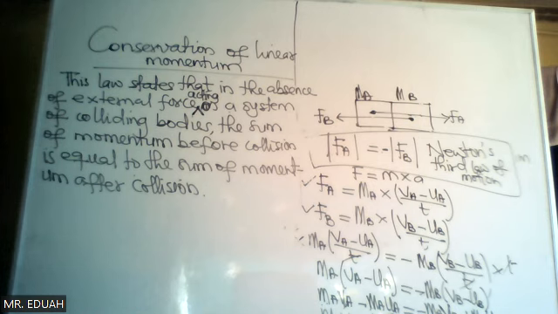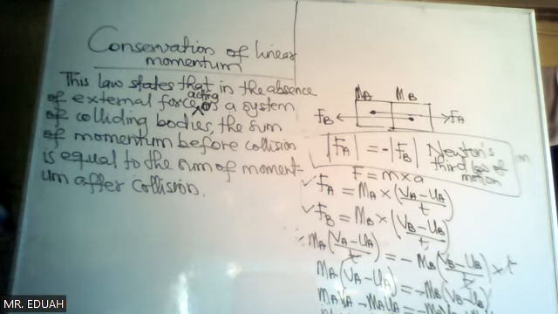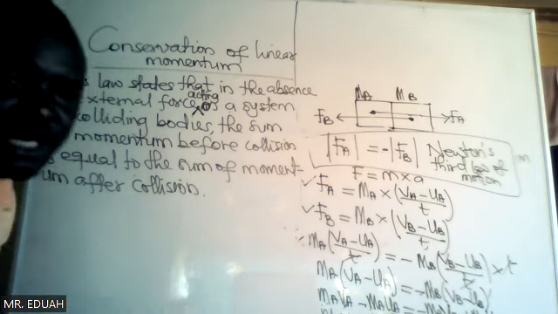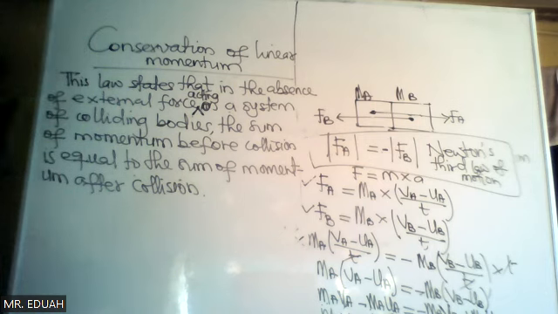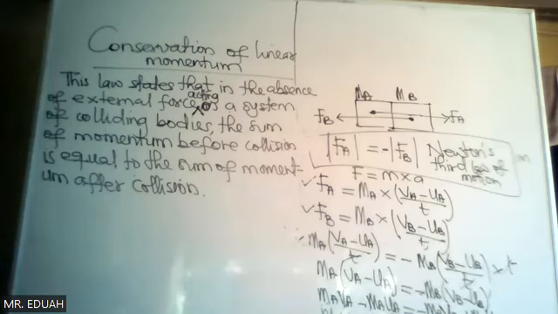Or when the net force or the external force acting on a system of colliding bodies is 0, momentum is conserved. There are different ways of crafting it, but the whole thing is that the external force acting on a system of colliding bodies must be 0, and when that is 0, momentum will always be conserved. If momentum is conserved, it means that initial momentum is equal to final momentum.